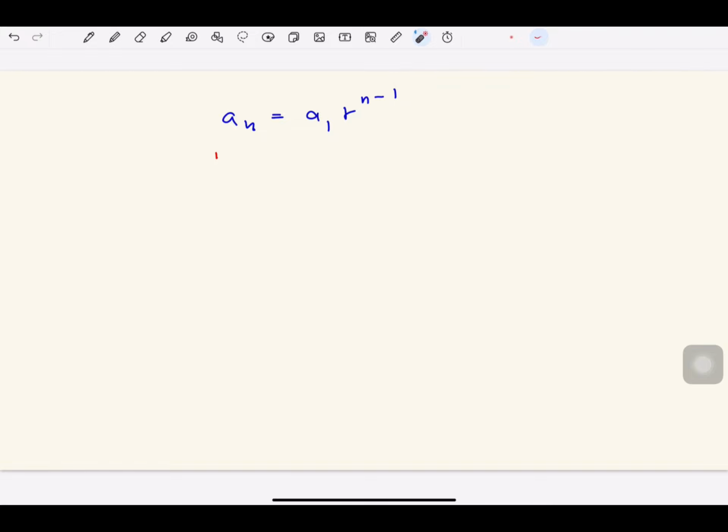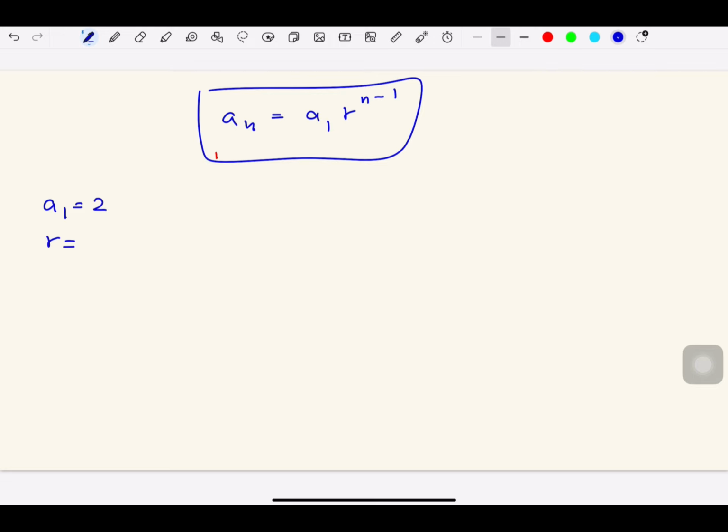So let's try some examples. This is the formula. Let's say we have a sequence starting with the term 2 and the common ratio is 3, and you want to find the fifth term of this sequence. You multiply the first term by the common ratio to the power n minus 1, where n is 5, so 5 minus 1.